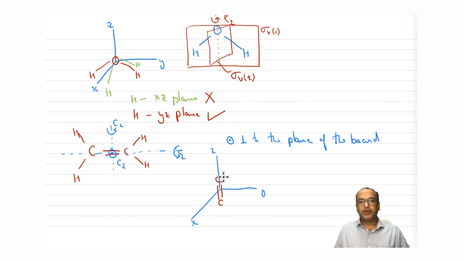So now where to draw the four hydrogens: whether the hydrogens will be in the YZ plane like this, or the hydrogens will be in the XZ plane, let's say like this.